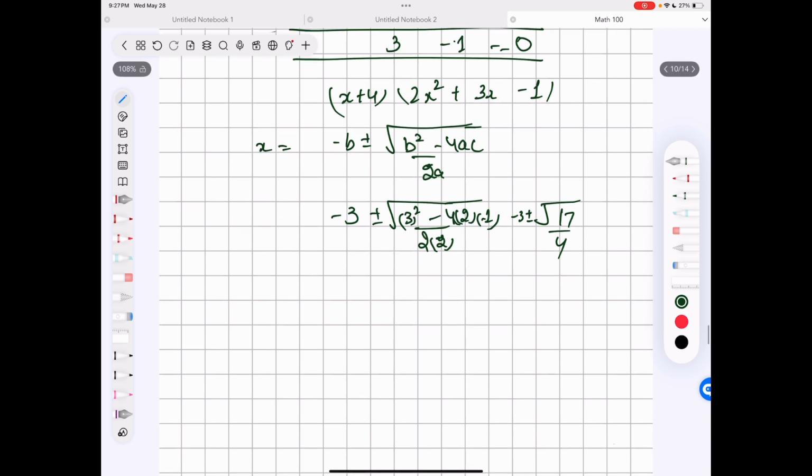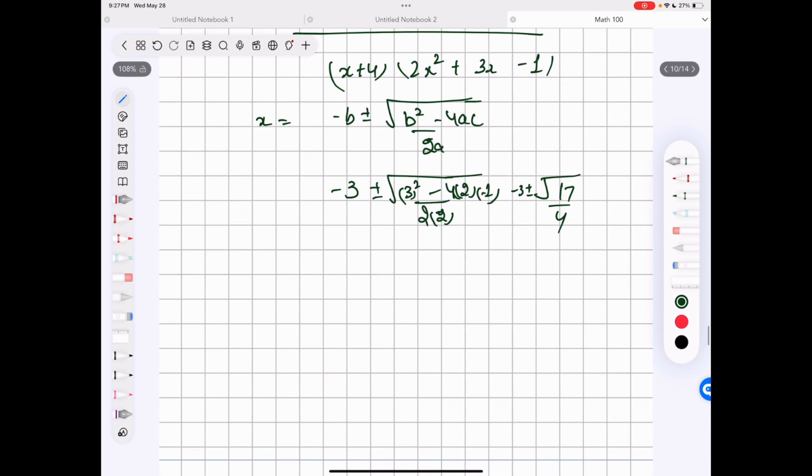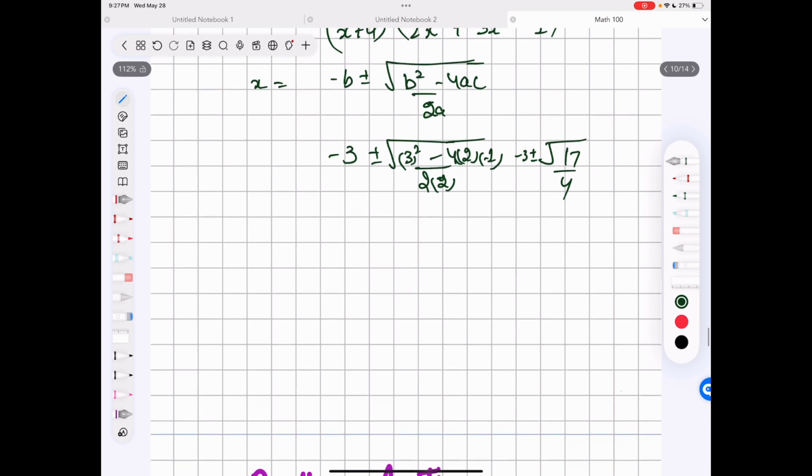We do 2 into 2. So we can write it into two terms.